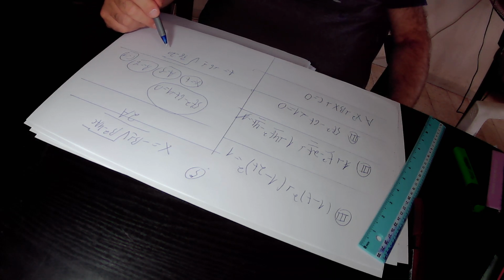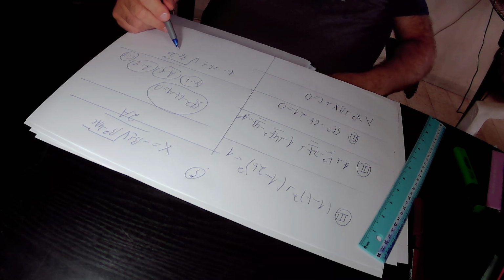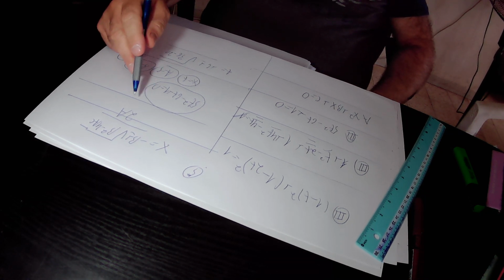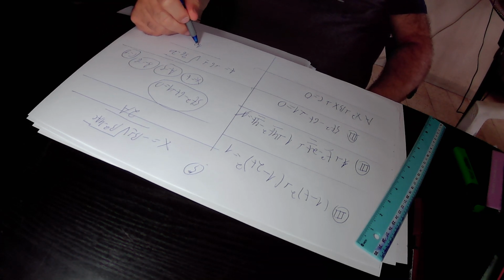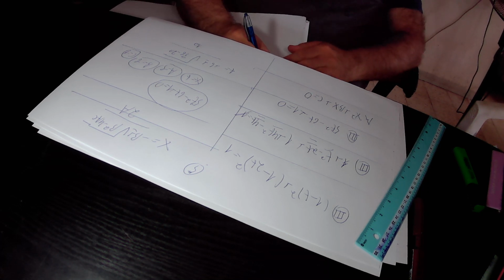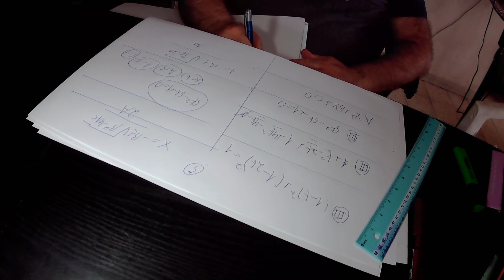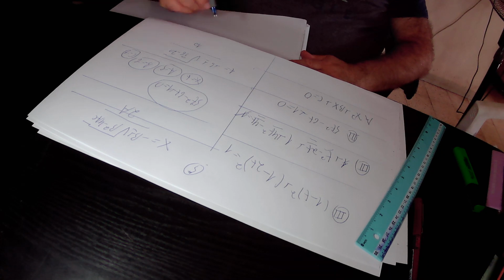Inside the root we are left with 36 minus 20, divided by 2a, where a is 5, so 2 times 5 is 10. So we found that t equals 6 plus minus, and inside the root we have 36 minus 20 is 16, divided by 10.